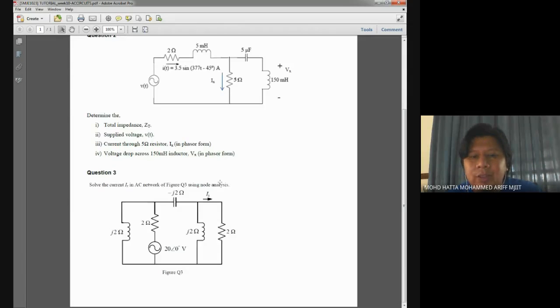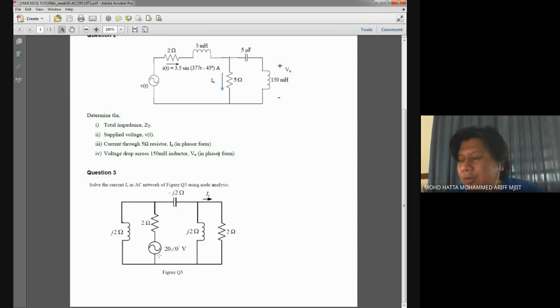And for question number 3, we try to analyze a circuit using node analysis. Here, you need to solve current Ix using node analysis. And if you look at the circuit, we have one voltage source.